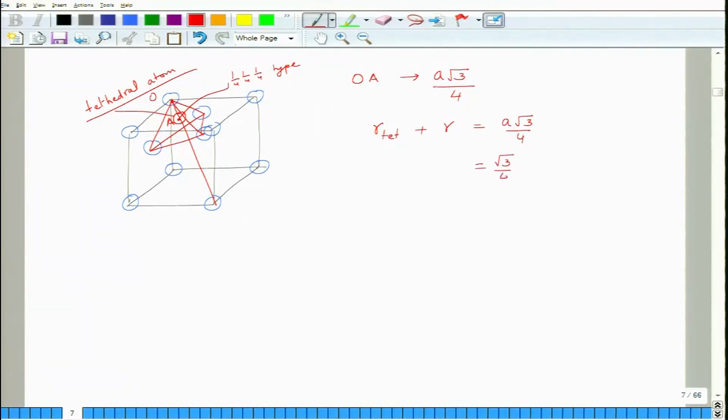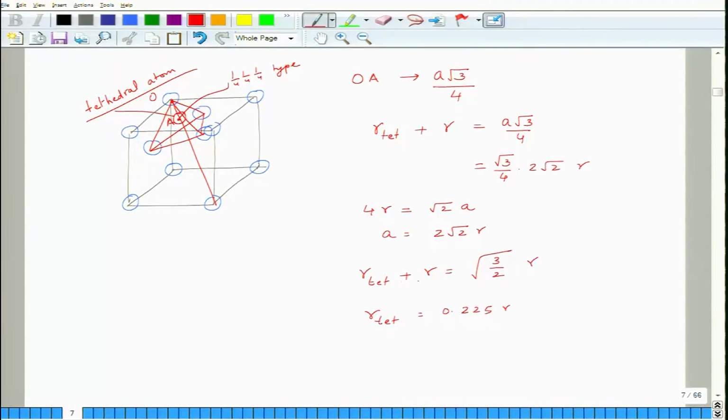In case of FCC we know that 4R is equal to root 2 A. So A is equal to 2 root 2 R. So R tet plus R is equal to root 3 by 4. Sorry, why am I doing it again? So I just substitute this in this equation as 2 root 2 R, okay. So this will be R tet.